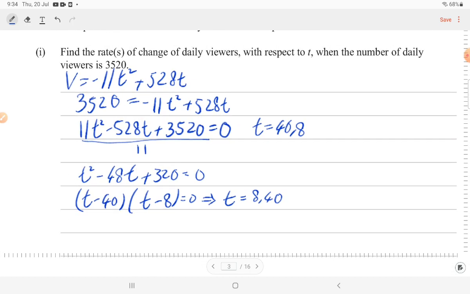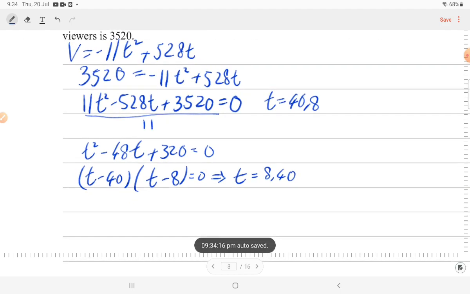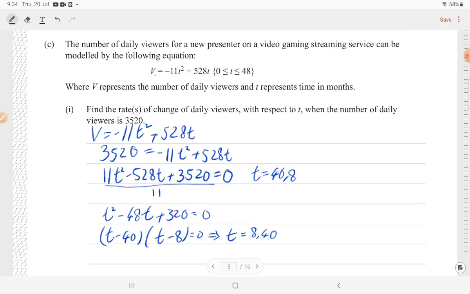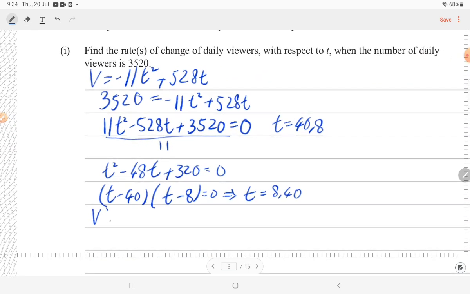So, find the rate of change of daily viewers. Remember, gradient is rate of change, and taking the derivative is just finding out the rate of change. So we need to take the derivative of this function. V dash will be equal to, we take the 2 down, so minus 22t, then we take 1 off the power.